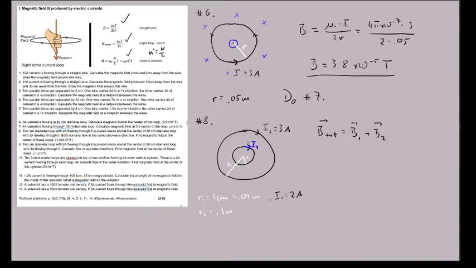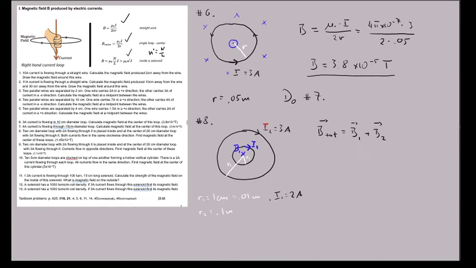Take the thumb of your right hand, make it point in the same direction in which this current points, and then curl your fingers, and you will see that your fingers curl like this, meaning that the magnetic field due to current I1 points into the page at the center. So B1 points into the page.